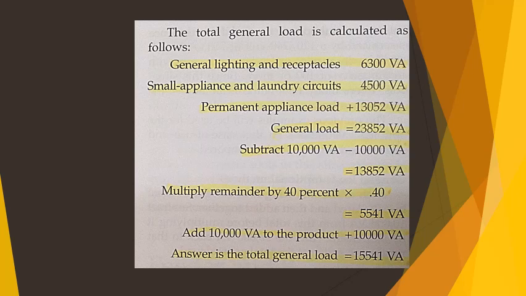So you subtract the 10,000 VA from the 23,852, and we get 13,852 VA. And we multiply the remainder by 40%. We get 5,541 VA. Once again, we add 10,000 VA to the product, and we get a total general load of 15,541 VA.